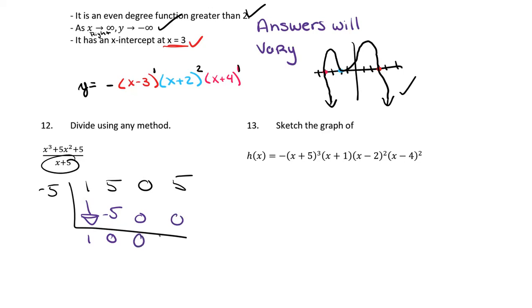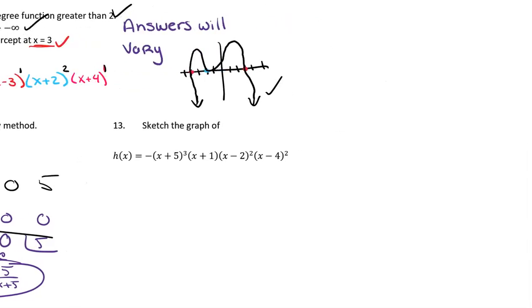Multiply. Add. So what you get is that's constant x squared. So we have x squared plus 5 over what I divided by. Boom, that was easy.